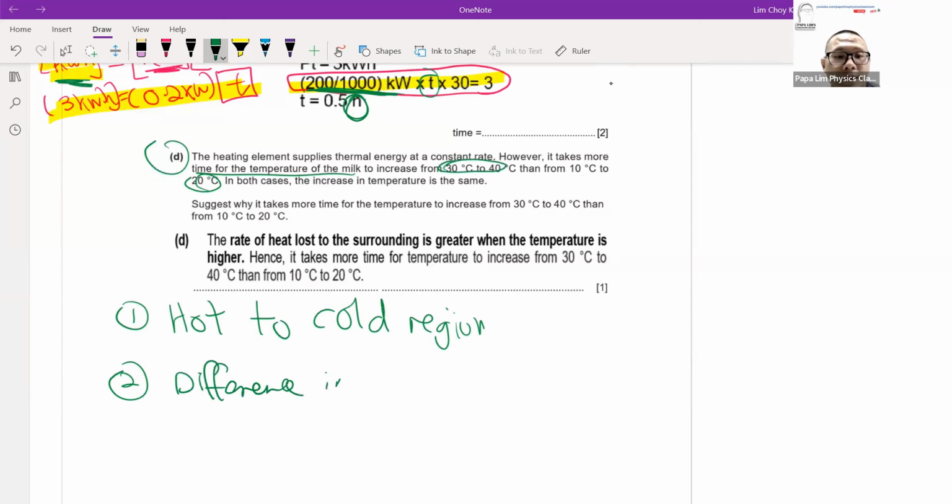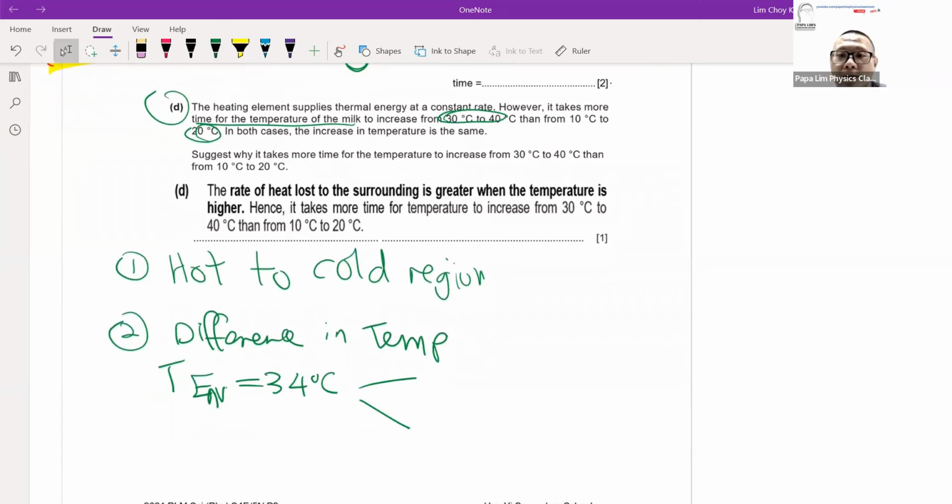For example, the ambient temperature, the environment temperature, let's say room temperature is 34 degrees Celsius. The bigger the difference between you, me, and the environment, the faster the rate of transfer. So if the object's temperature is 10 degrees Celsius, the difference between the object and the ambient temperature of 34 degrees Celsius is 24 degrees Celsius.